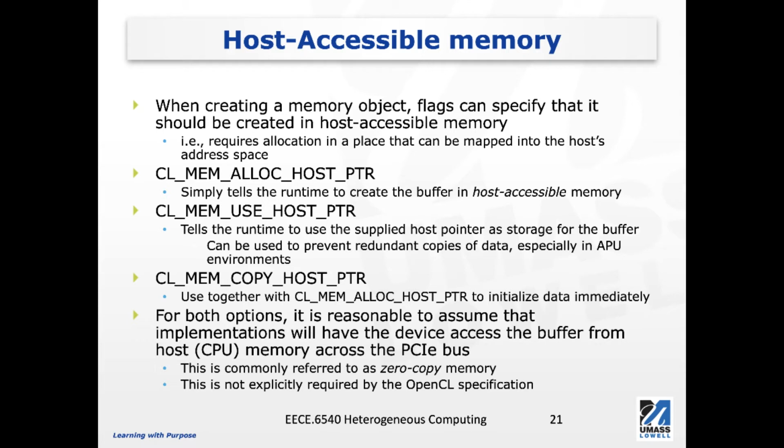We're going to briefly talk about APU environment in a later slide. The CL_MEM_COPY_HOST_PTR together with this CL_MEM_ALLOC_HOST_PTR is to say where or how we're going to find the initial data to put into the buffer, to initialize the buffer.